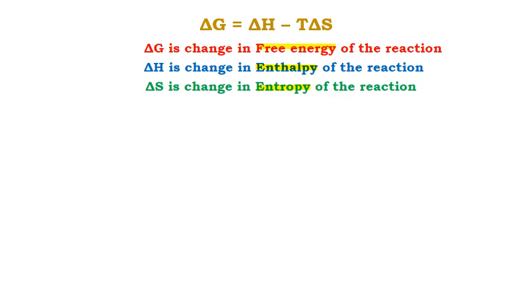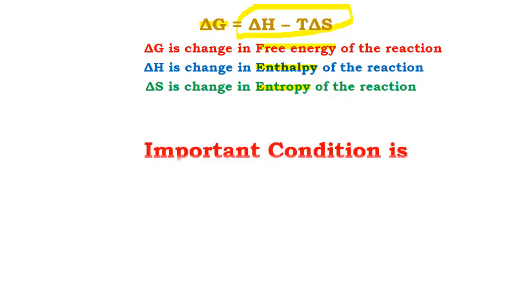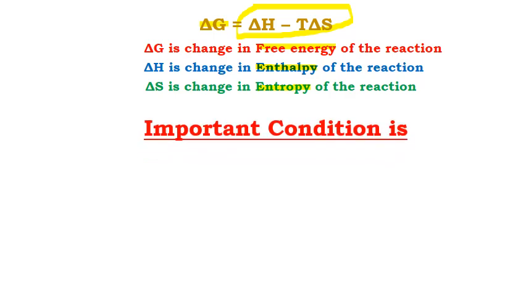Right. So now we have delta G that is equated to delta H and T delta S by this simple relation. So now delta G can have three values based on delta H and T into delta S. The first condition is if delta G is negative.